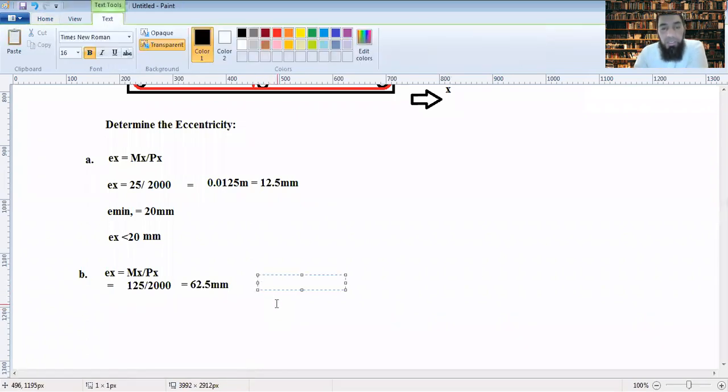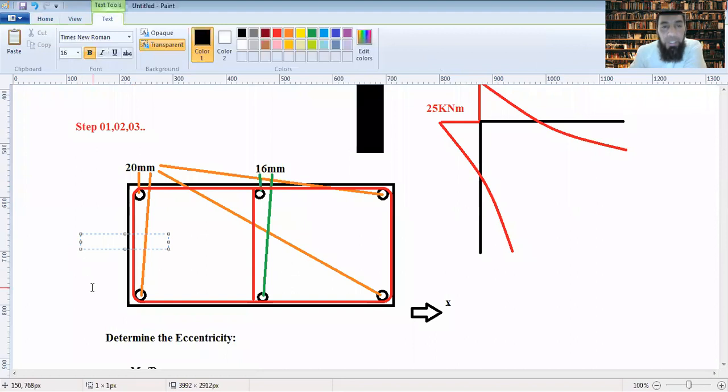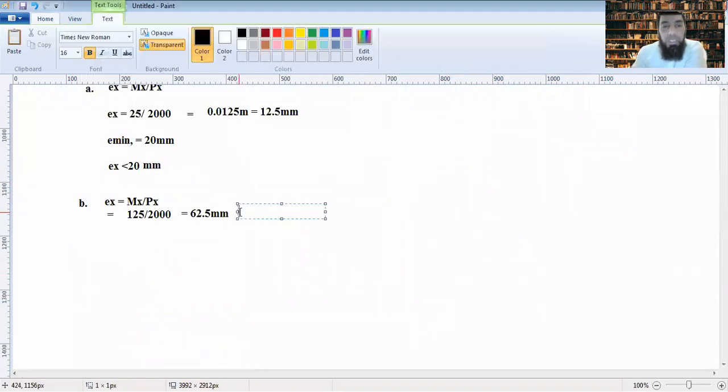But how much is the maximum capacity? From the design strength that we obtained, we came to know its maximum capacity of taking the eccentric load is around 1.1 meter.